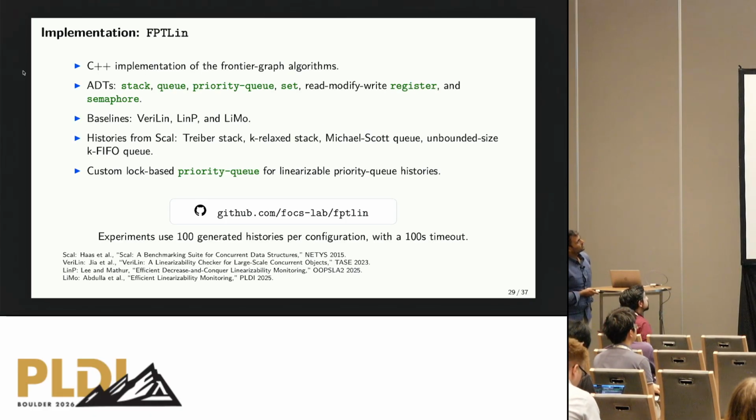Let me also talk about the evaluation aspects of the paper. So we looked at some very standard data structures that were publicly available, and we compared against previous tools that were also trying to solve this problem, but in a very vanilla manner, and also other tools that were trying to solve this problem under certain restrictions.